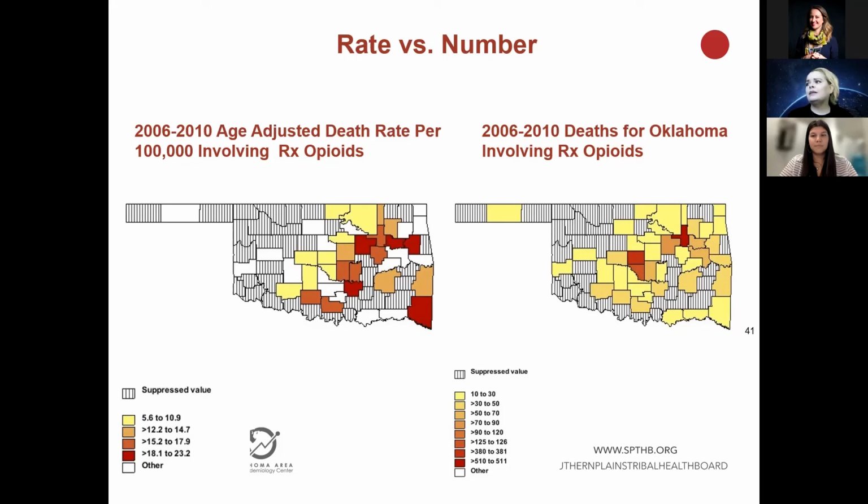Now, if I'm that county in the southeast of Oklahoma and I see my rate is that high from opioid overdose mortalities, then I know, wow, this might be a problem I need to look at. And so I would look at it relative to other problems in my area. Am I having this problem with alcohol? What's going on in my county? How does this compare to, I don't know, it depends on if it's a mental health issue or you're doing a needs assessment on a physical disease.